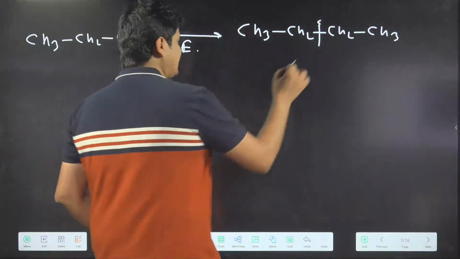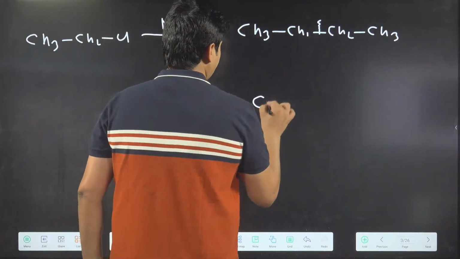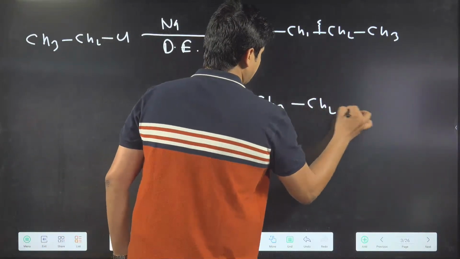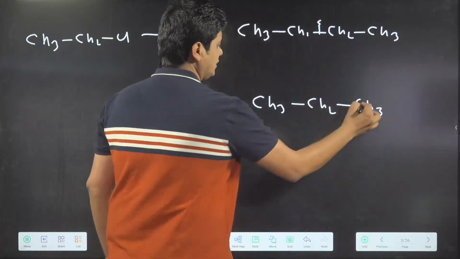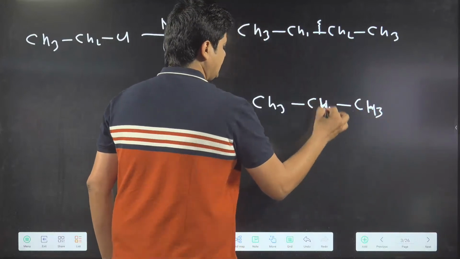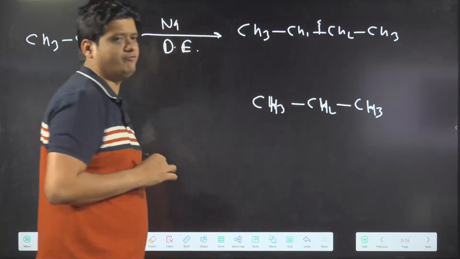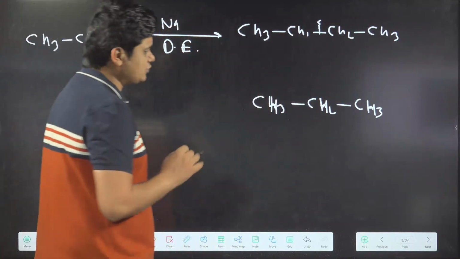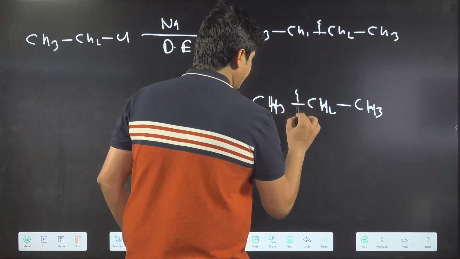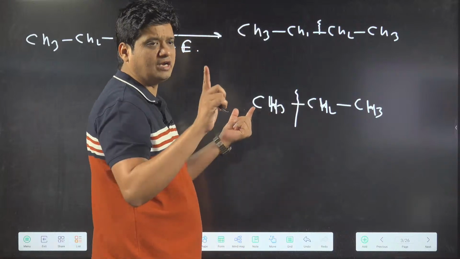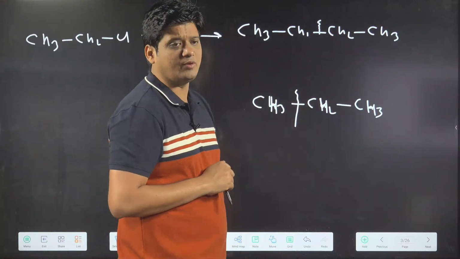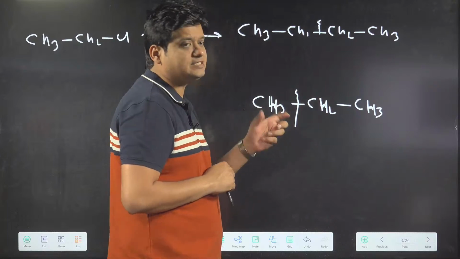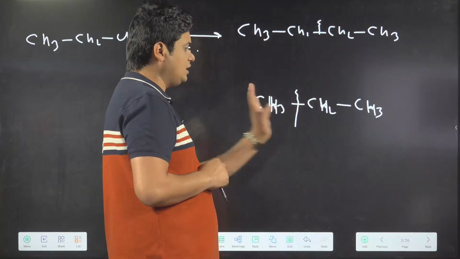But if someone asks to prepare CH3CH2CH3 by the Wurtz reaction, and you select a fragment, the left side has 1 carbon and the right side has 2 carbons. That means we cannot get a symmetrical condition there. Left side 1, right side 2.